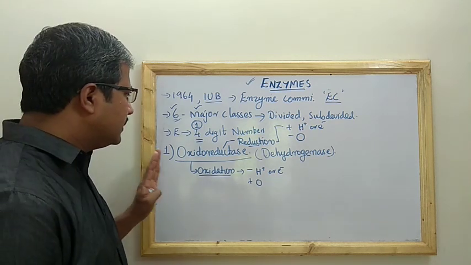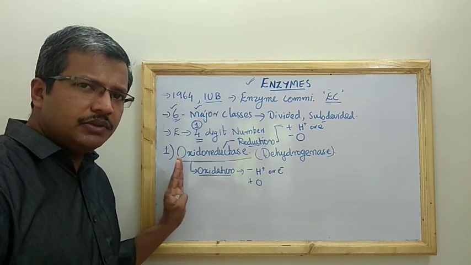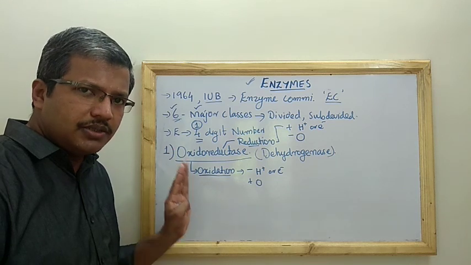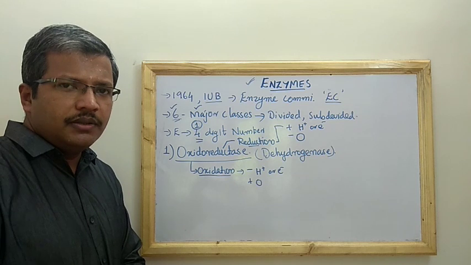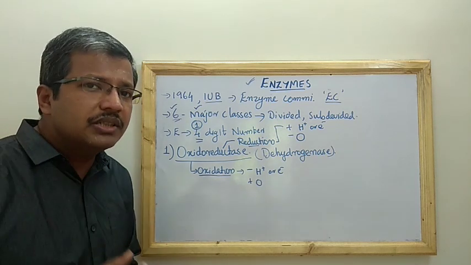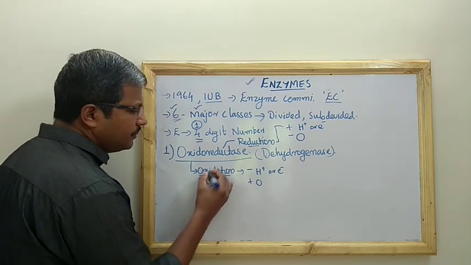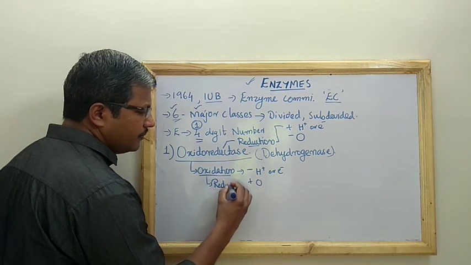So the enzyme which catalyzes the reaction in which one substrate undergoes oxidation and the other substrate undergoes reduction is known as oxidoreductase. The substance which undergoes oxidation will function as the reducing agent.